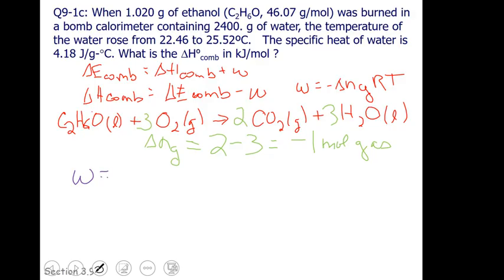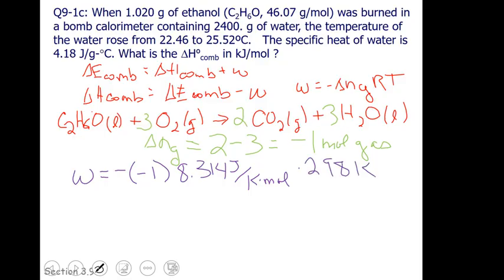So our work is going to be equal to a minus 1, times 8.314 joule per Kelvin mole, times 298 Kelvin. This is going to give us an answer in joules per mole of our reaction.